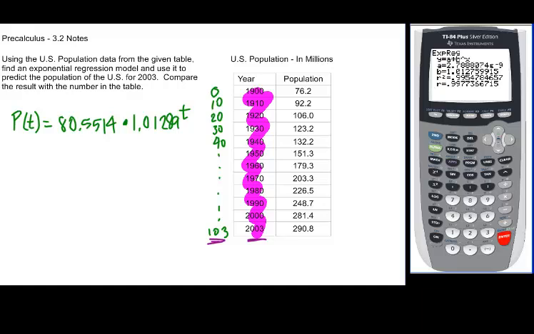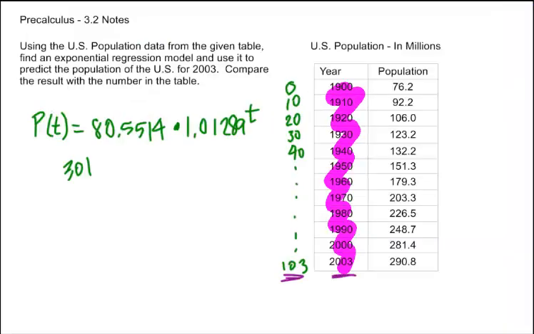Or 290.8. This is if we use our model. The 290.8 is what we were actually given. So the model gives us a little bit of a different population.